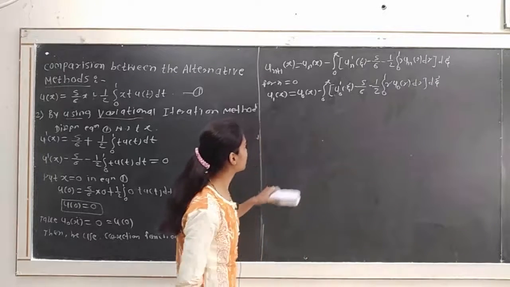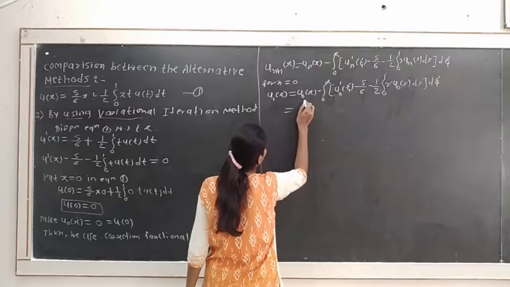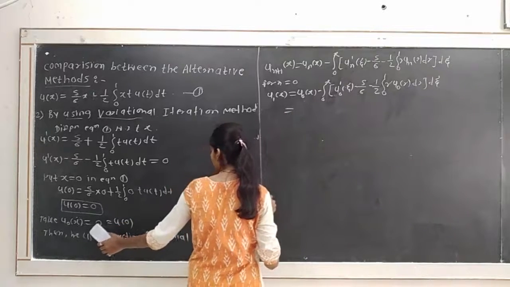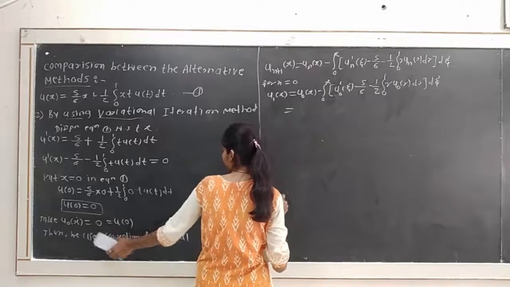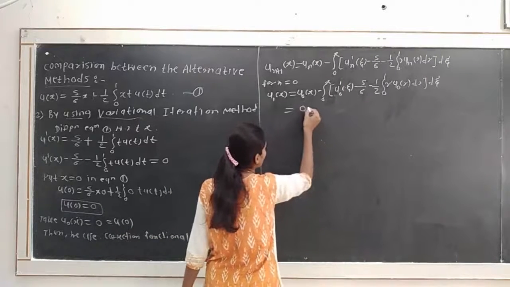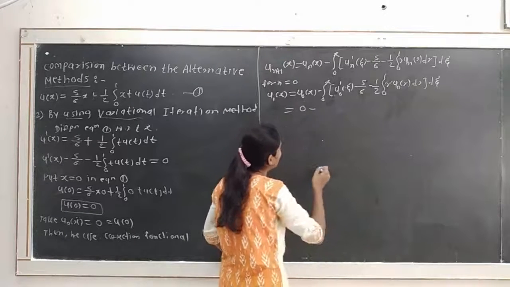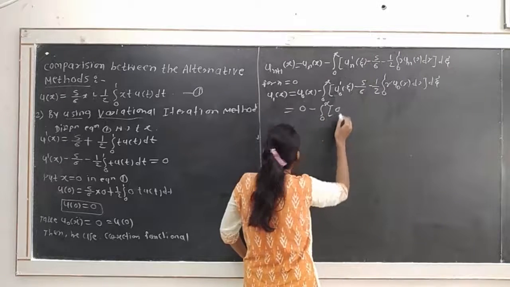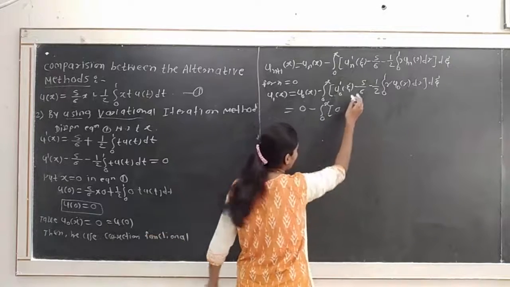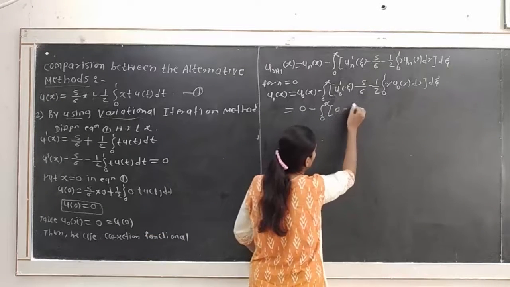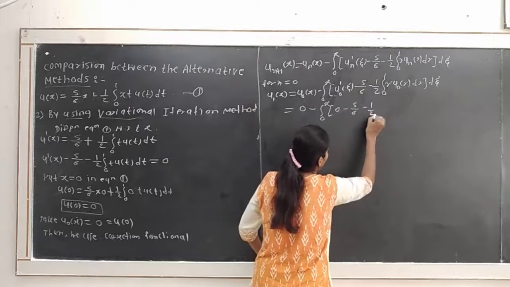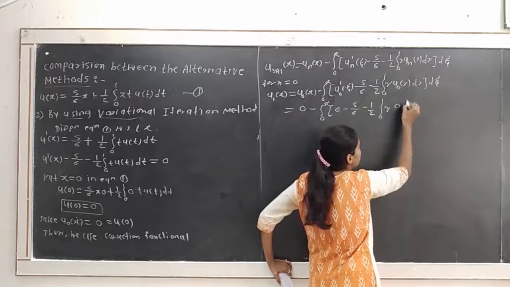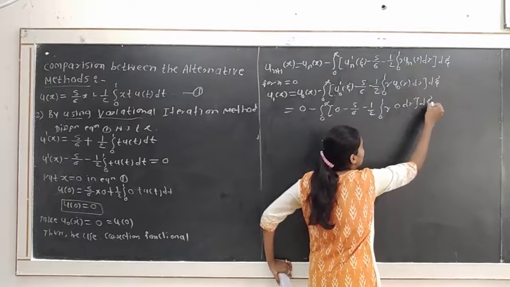Then we simplify this integral. By putting the value, u0 of x we consider as the first approximation, first component will be 0, so 0 minus integration from 0 to x, again u0 dash will be 0, so 0 minus 5 divided by 6 minus 1 by 2 integration 0 to 1 r, u0 of r will be 0 dr into d xi.